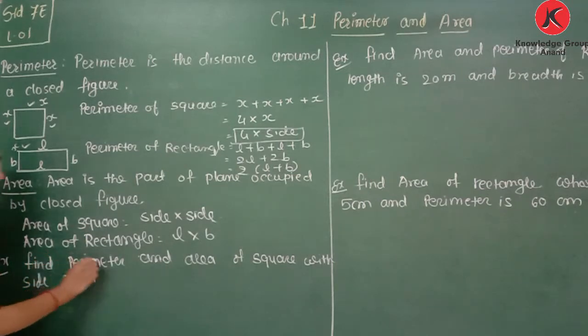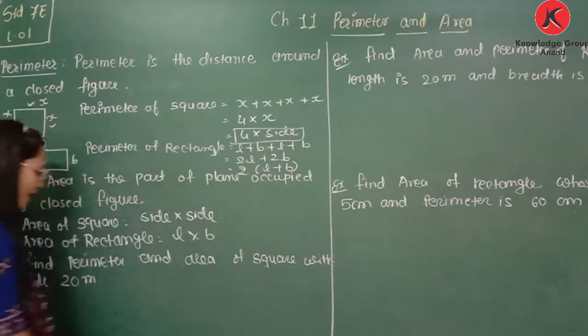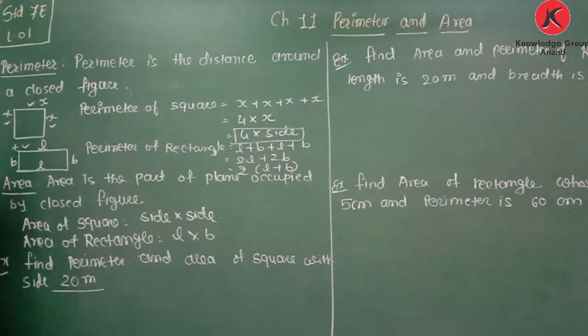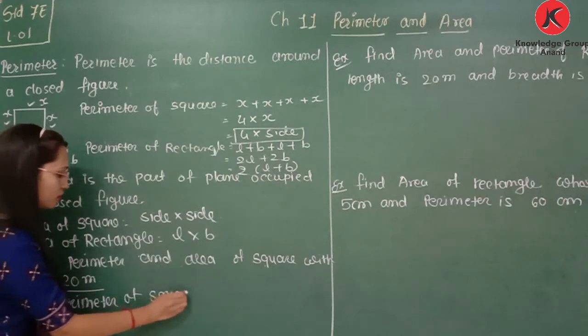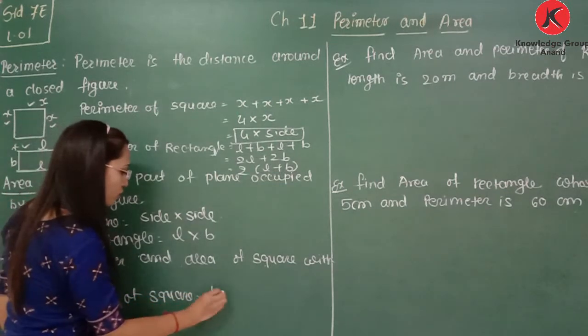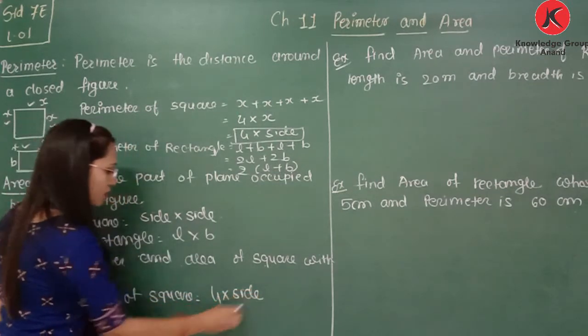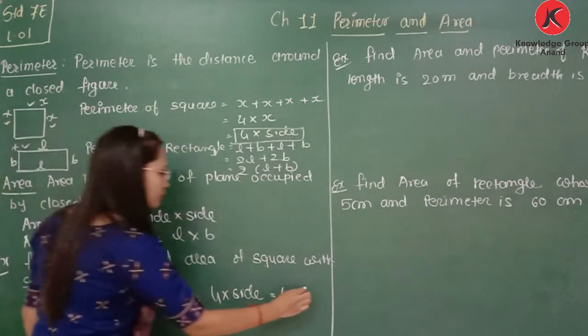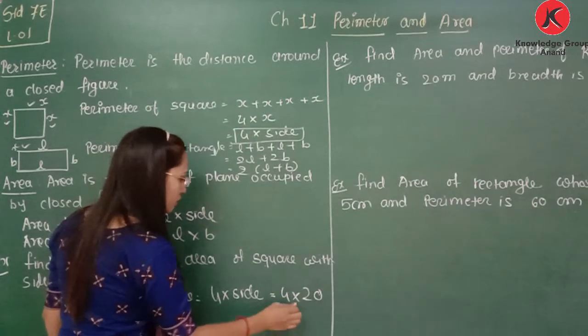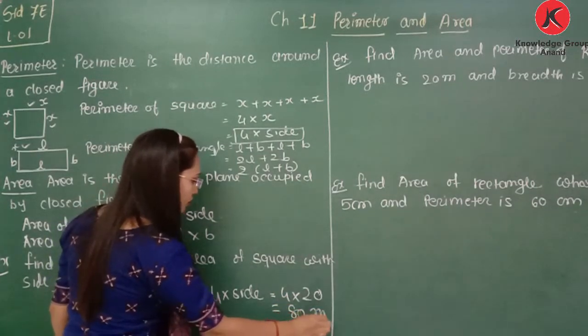First, find the perimeter and area of a square with side 20 meter. So here we need to find the perimeter and area of a square. So what is the equation? Perimeter of a square is equal to 4 into side. The value of side is 20 meter. So 4 multiplied by 20, that is 80 meter.